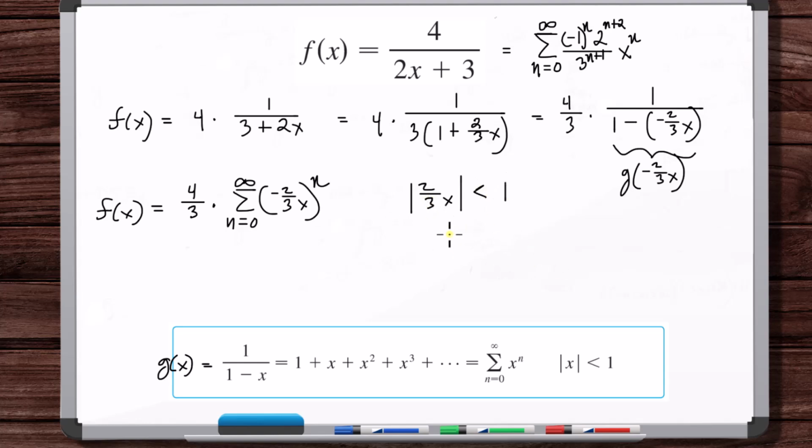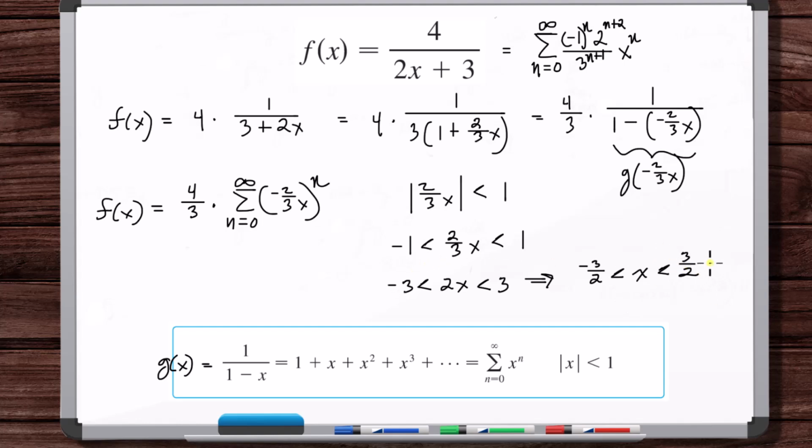Okay, so properties of absolute value equations give us that. Multiply the entire inequality by 3. Now divide everything by 2. We don't have to flip anything.